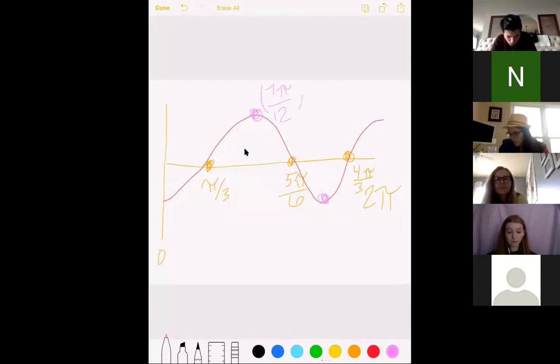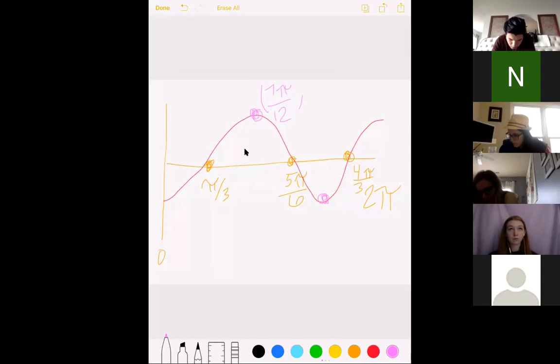And then how do I know what the y coordinate is? Could you say how you got the x coordinate? It's halfway between. So I added pi over 3 and 5 pi over 6 and divided by 2. Oh, okay. So we get 7 pi over 12, but how would we find the y coordinate? Wouldn't you just plug that in for x?